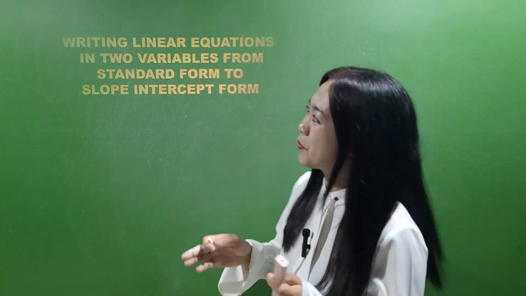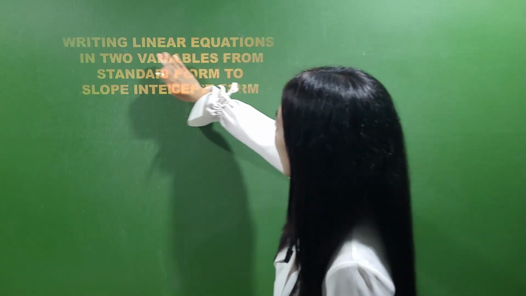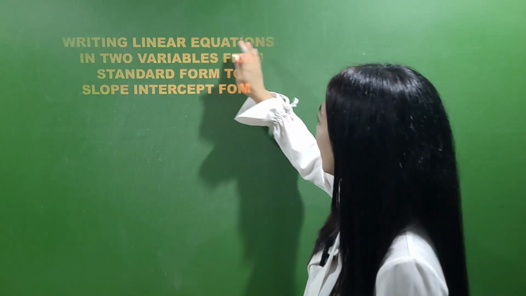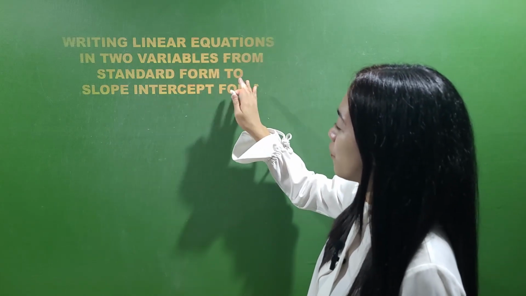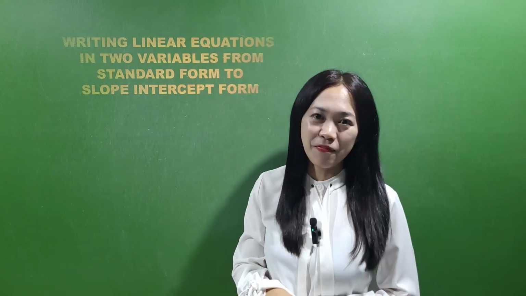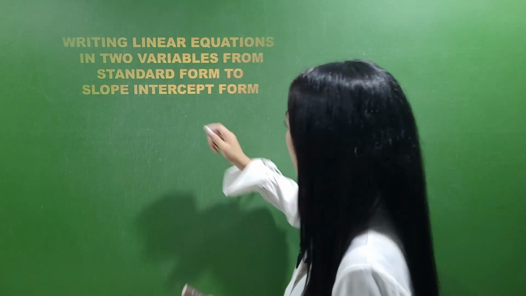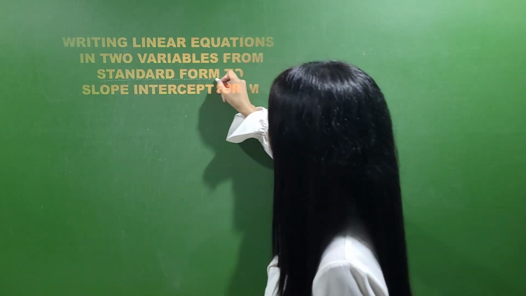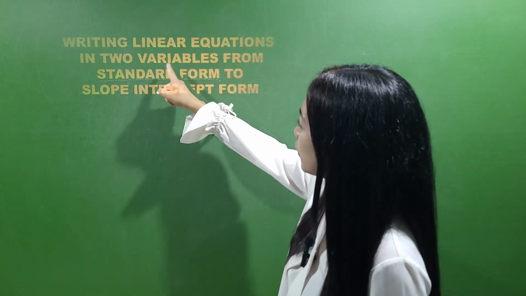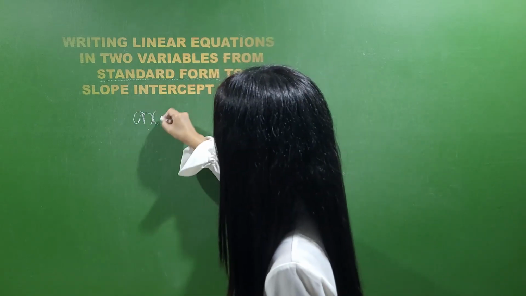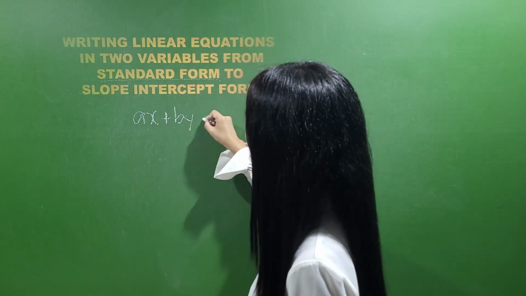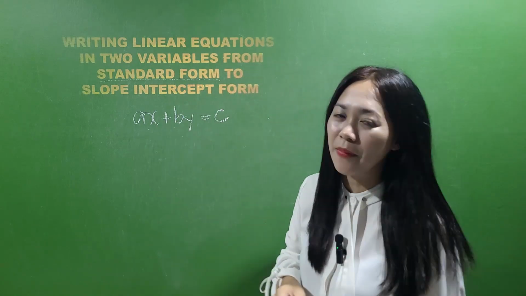In this episode, I will be covering this lesson about writing linear equations in two variables from standard form to slope-intercept form. We already know that the standard form of a linear equation in two variables is in the form ax plus by is equal to c.